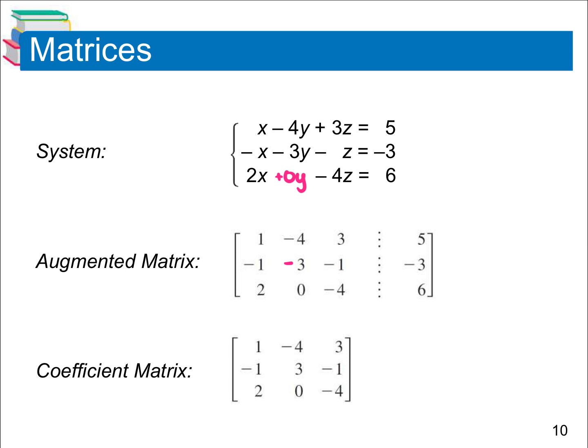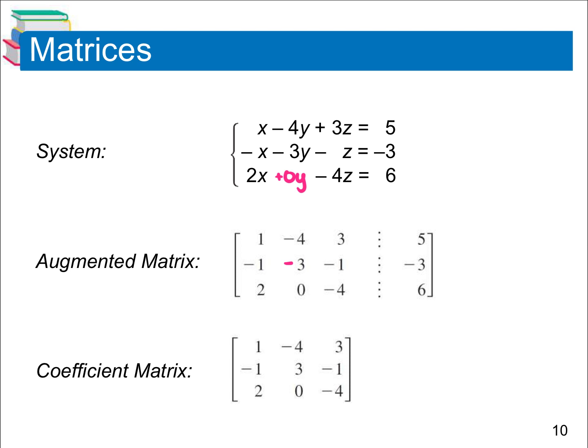For your last equation, you have 2x plus 0y minus 4z is equal to 6. You're going to pull that 2 from the x, and it'll go down in your first column all the way at the bottom. That 0, because there isn't a y, goes in for the y place underneath the second column. The negative 4 in front of that z goes down in that third column, and then your answer is 6, so that goes to the right of those 3 dots or that line. So that would be your augmented matrix.